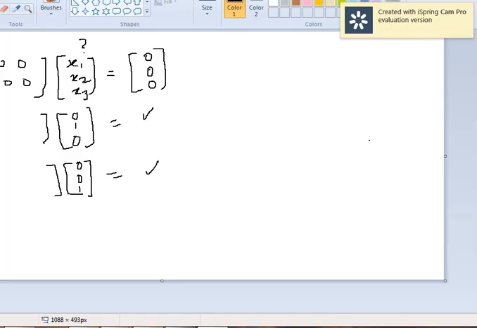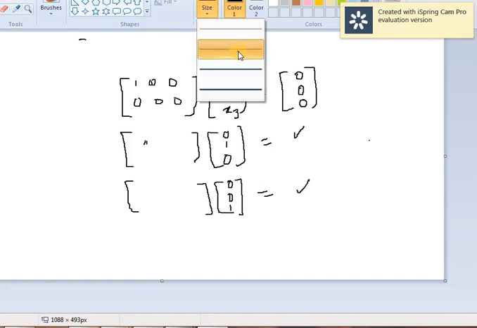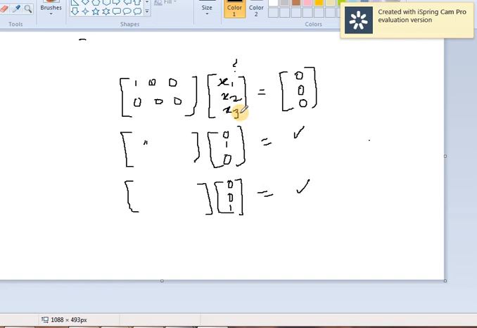To obtain the null space, let's see, A is 1, 0, 0, and it is multiplied with x1, x2, x3. I have to make the first element 0, so I can't take x1 as 1.